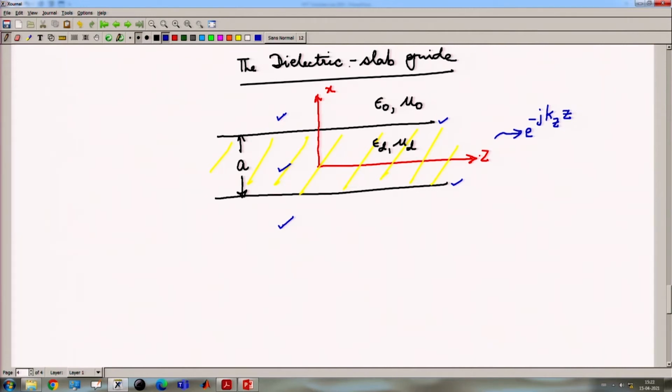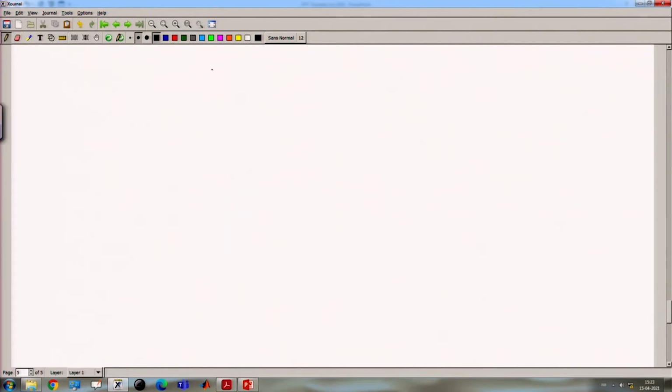So, let us write down for modes which are TM to z.